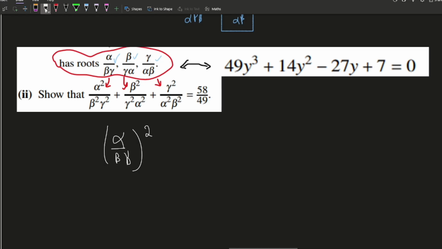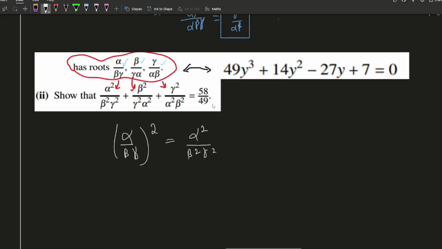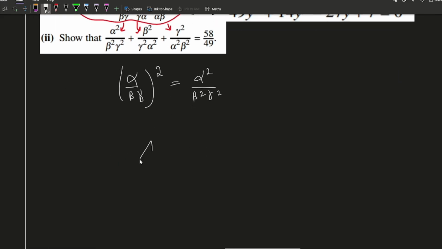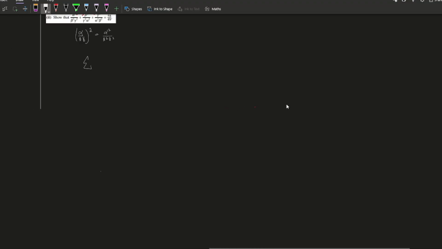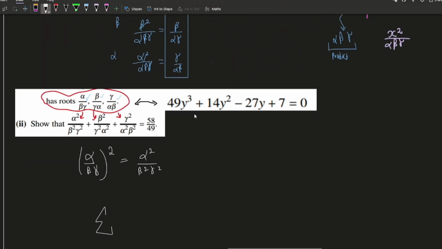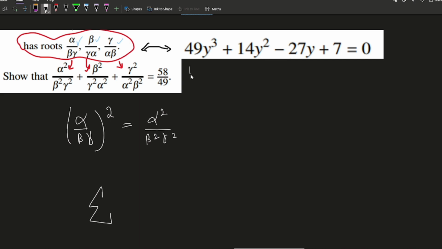So let me square everything. Beta square, gamma square. Similarly for this, we will end up with this and so on. So basically, this is the sum of square of roots for this equation. All of the roots of this equation are being squared. So we have to find the sum of square of roots for this equation.